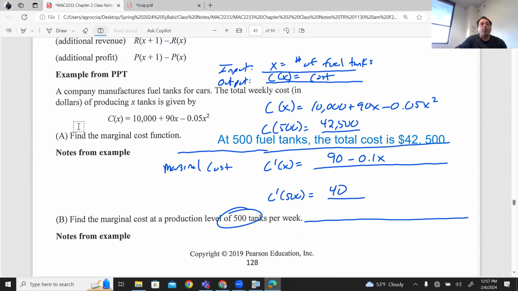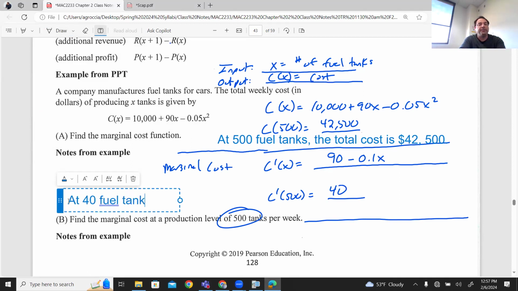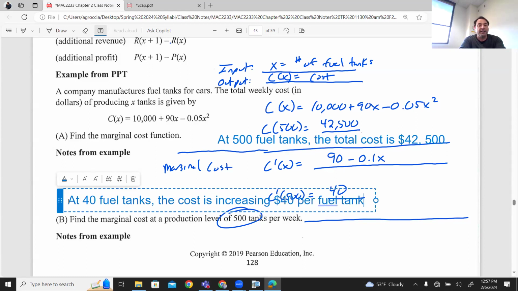So remember what we're doing is we're stopping at 40. So at 40 fuel tanks, what's happening? The cost is positive. Do you think it's going up or down? If it's positive, increasing. 40 what? $40 per fuel tank.